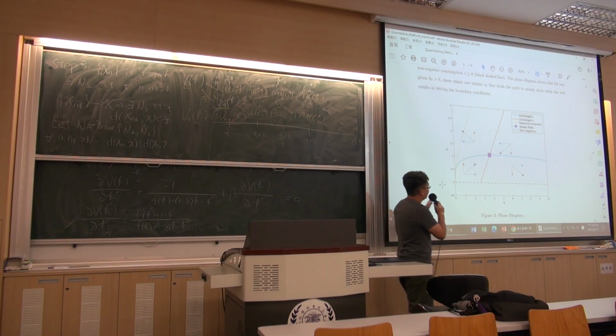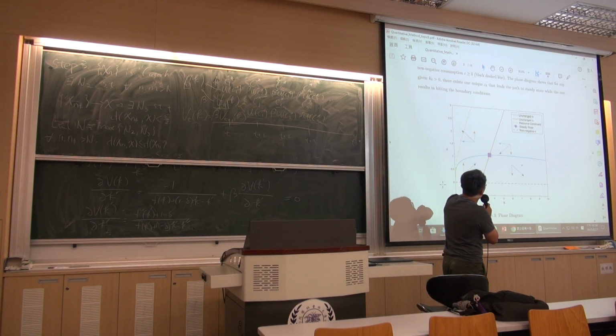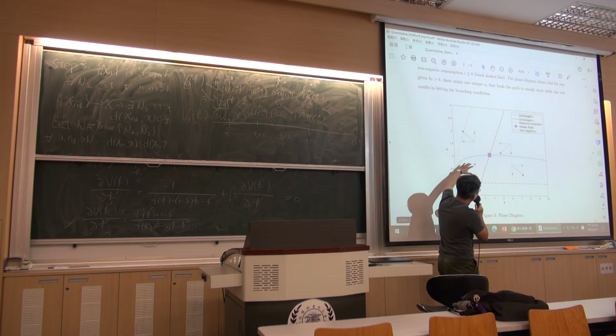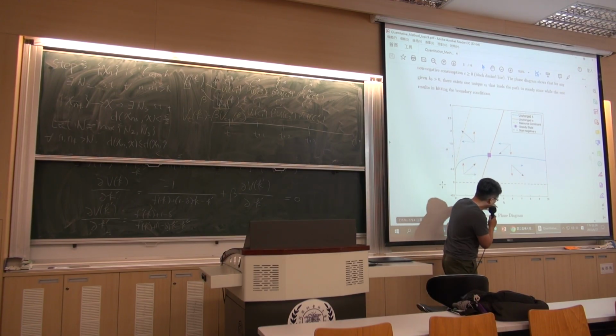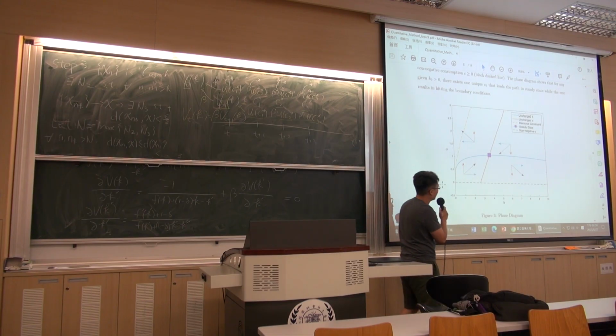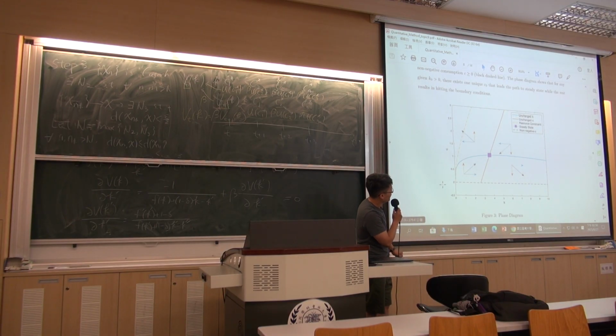So how do we read this graph? The x-axis is the capital stock, and the y-axis is the consumption.